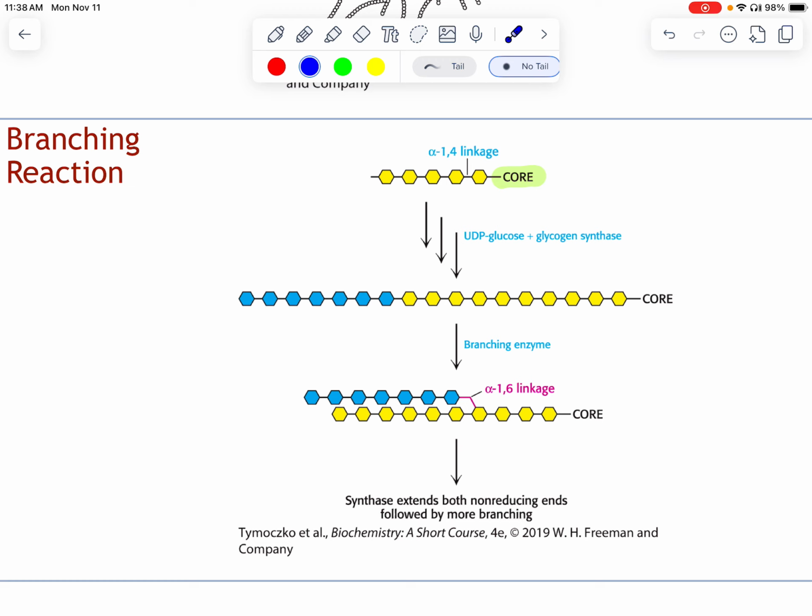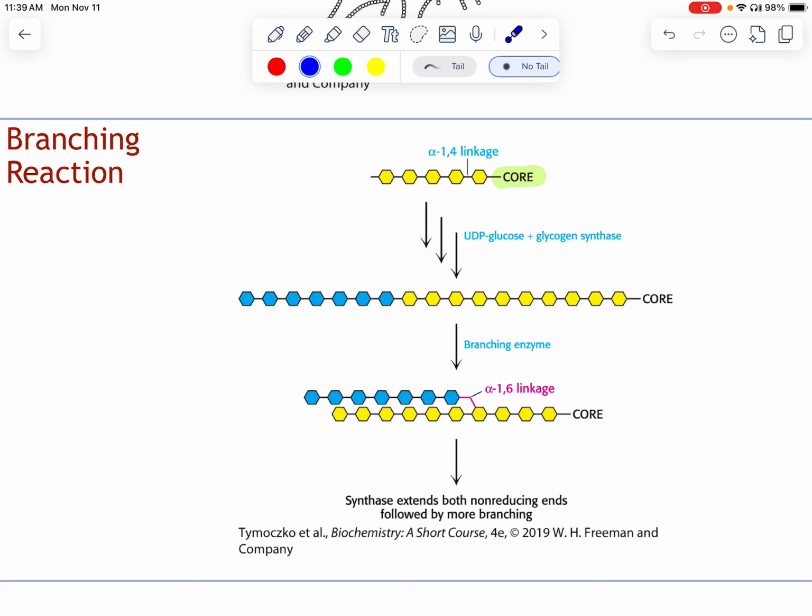And then that glycogen synthase can start adding onto it. Okay, so you can see it starts building on. Each of these is coming off one of those activated glucose molecules, those UDP glucose. They come off one at a time. They're bound to our glycogen.